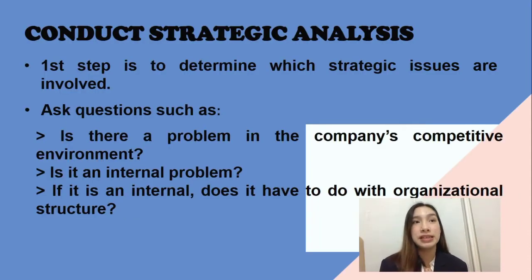The first step is to determine which strategic issues are involved. You should take into consideration these questions when you are analyzing a company issue. Is there a problem in the company's competitive environment, or is it an internal problem? If it is an internal problem, does it have to do with the organizational structure, strategic controls, uses of technology, or perhaps the company has overworked its employees or underutilized its intellectual capital?